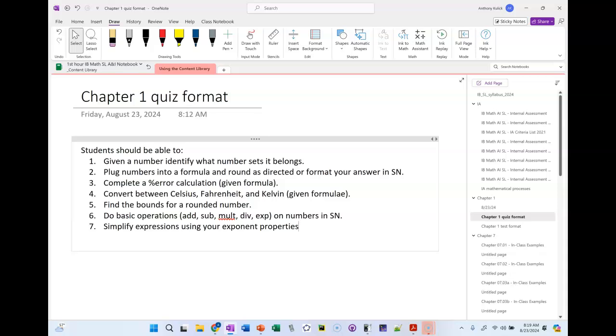It's hard because a lot of these have parts. So it's 9 questions, but some of these have a bunch of parts, so it feels way more than 9. Okay, you should be able to solve an exponential equation.